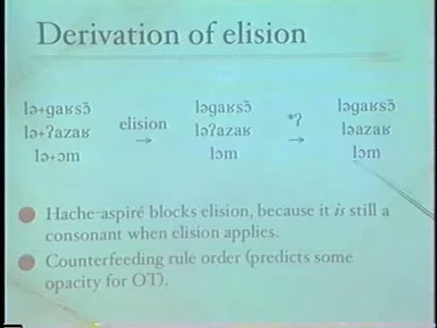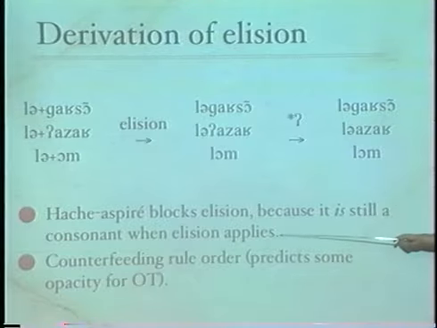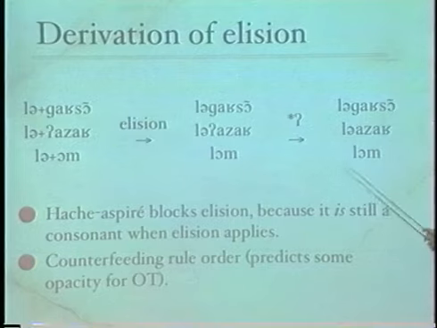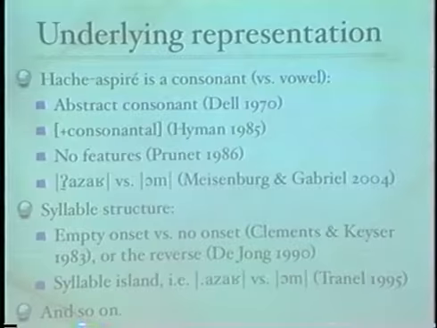So you get le garçon, le hasard, and l'homme. Right? This is how people used to do it in the ages of derivational phonology. So H aspiré blocks elision because it is still a consonant when elision applies in the derivation. The rule ordering here is counterfeeding for people who are working in opacity. So if we want to model this in OT, as we will later on, we can expect some problems. This is the first case, elision.